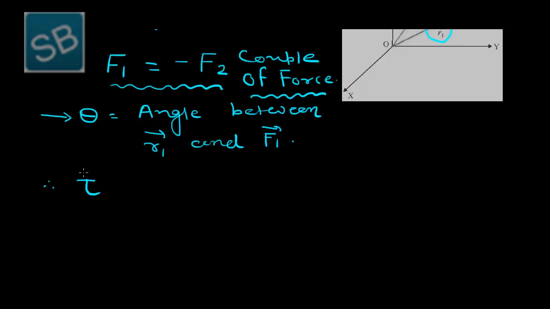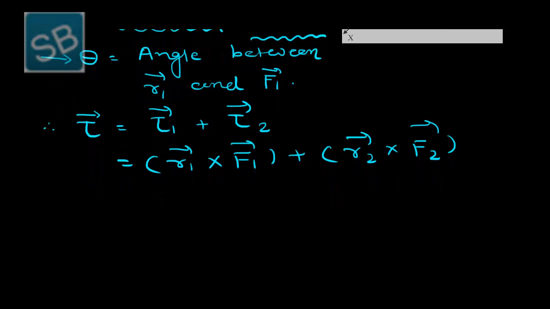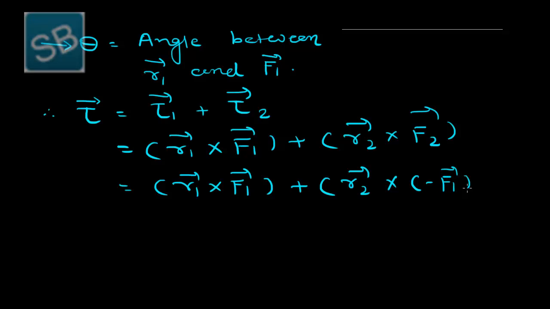And therefore the vector tau is equal to tau 1 plus tau 2, that is equal to R1 vector cross F1 vector plus, in the bracket, R2 vector cross F2 vector. Now, as you know, the value of F2 is negative of the value of F1. So I can modify this equation as R1 cross F1 plus R2 cross minus F1.